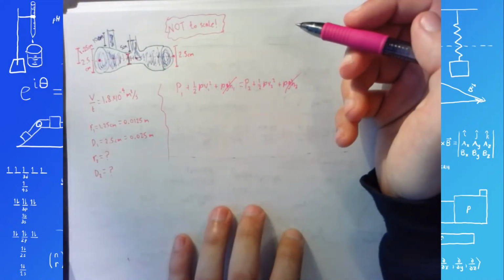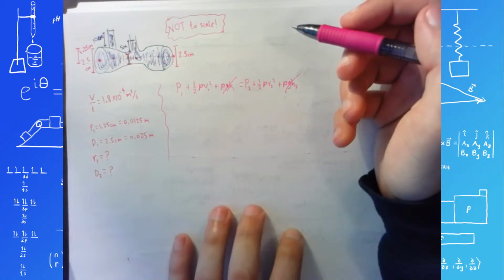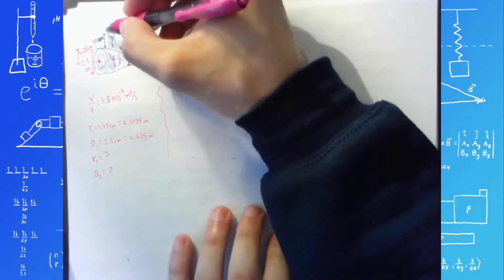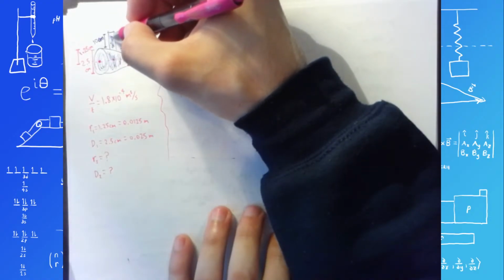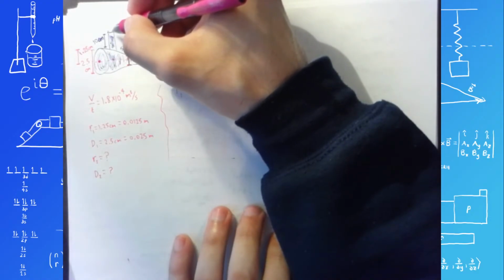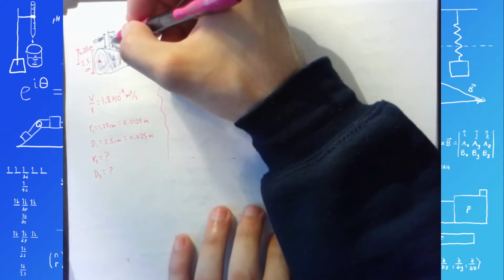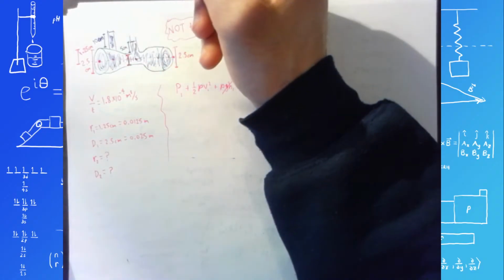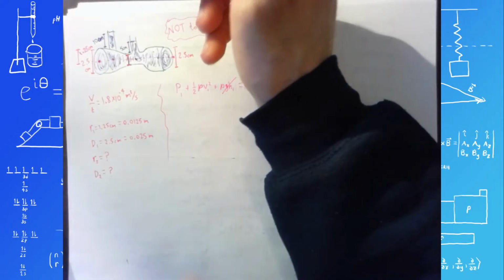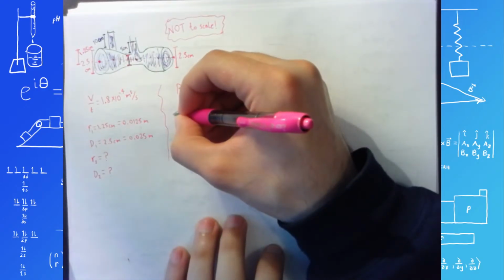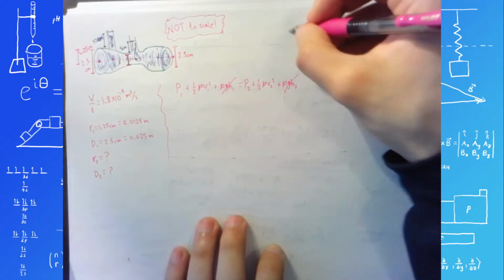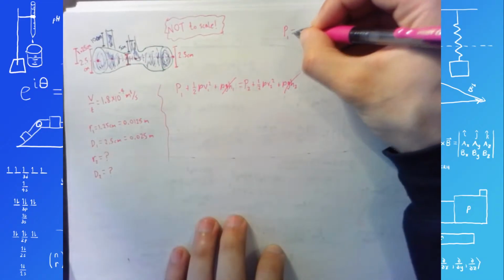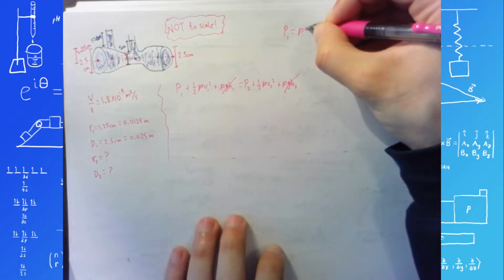P1 and P2 are going to be different. P1 over here is going to be the external pressure of, not 10, but 11.25 centimeters worth of liquid. So I'm going to calculate P1 using rho g times the depth.